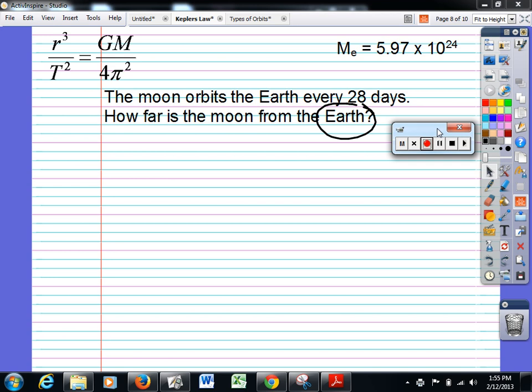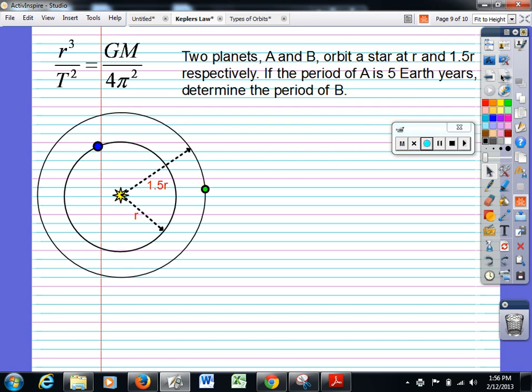So please, when you are doing these types of questions, realise what is on the data sheet. So 28 days, we know that is a lunar month, so you have to convert that into time in seconds.